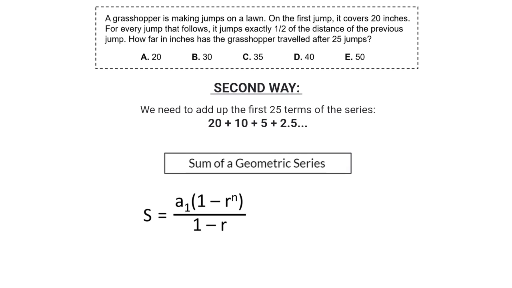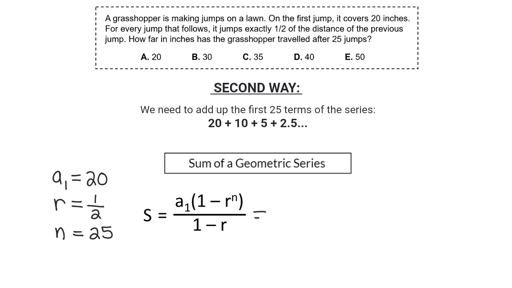So the first term of the series is 20, so I know that a sub 1 is going to be 20. I know that for our series, or for the pattern, it's multiplying by 1/2 each time. So the common ratio is 1/2. And since we have to do 25 jumps or 25 terms, n is 25. Now we can get the exact sum.